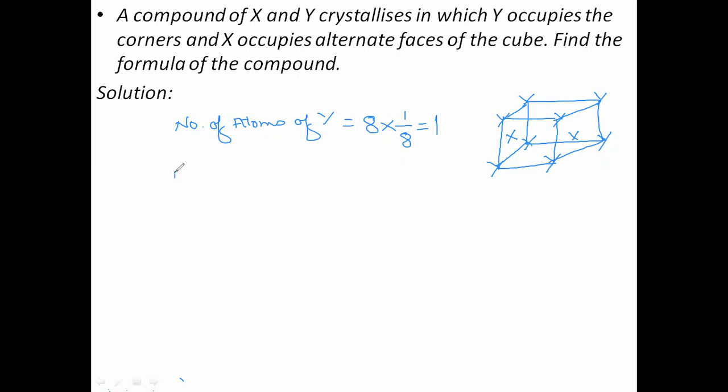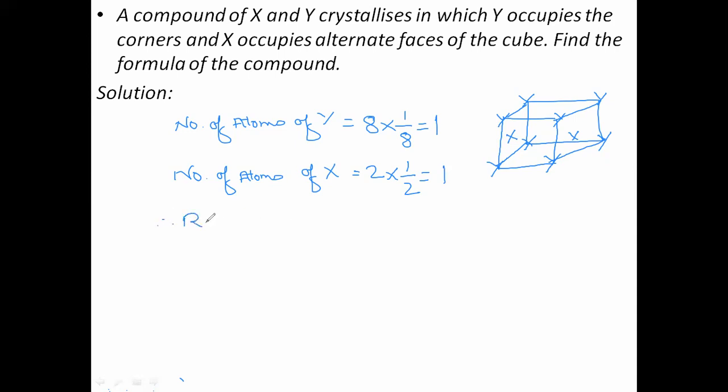Now similarly, the number of atoms of X. How many atoms of X do we have? 2. You can see clearly, but the question is, will it contribute totally? No. Whenever an atom is present on a face, its contribution is half. So the number of atoms of X is 1.